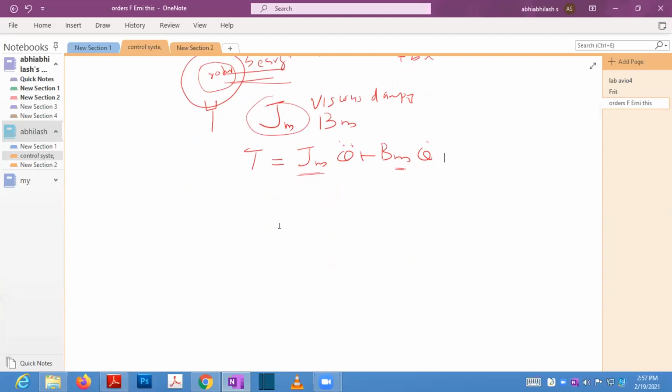So now we can convert these things into the Laplace domain. Jm s square into theta, plus Bm s into theta, is equal to torque.